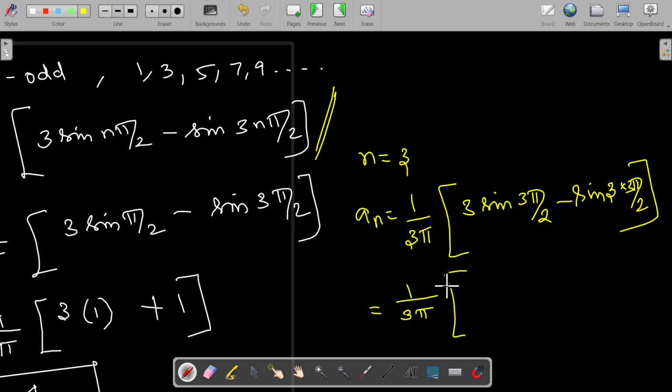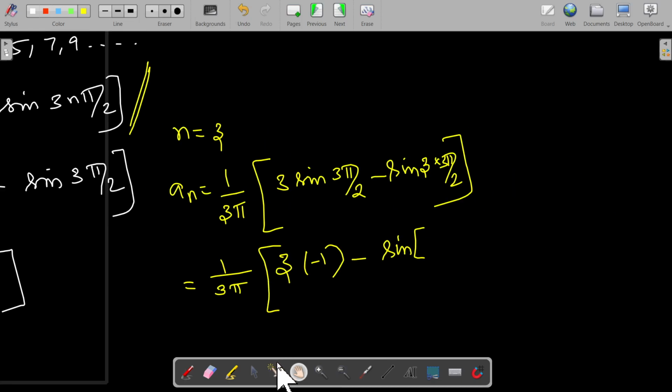Then here you get 3 sine 3 pi by 2. I have already told you that it is 270, so its value is minus 1. So it is minus 1 minus sine 9 pi by 2. 9 pi by 2 means 4 and a half pi, so it is 4 pi plus half pi, and half pi is pi by 2.